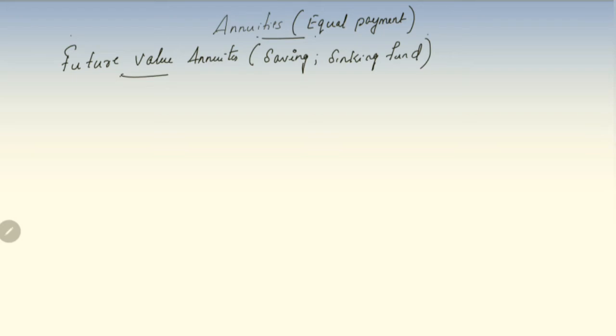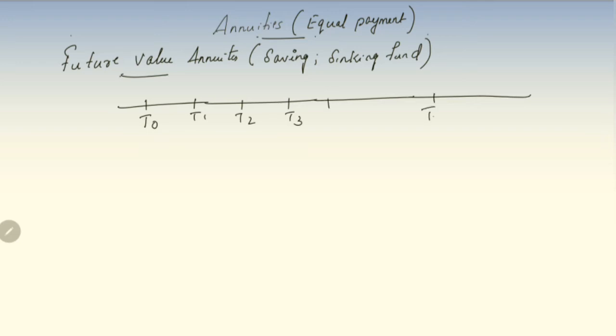Okay, let me use a timeline to derive this formula. Let me draw the timeline. Always remember, the timeline must start with T0, then T1, then T2, T3, etc. Then Tn minus 2, Tn minus 1, then the last period, that is Tn. And here I am just using monthly.